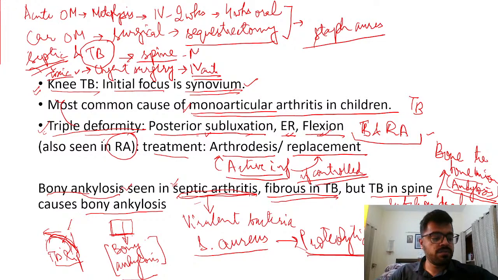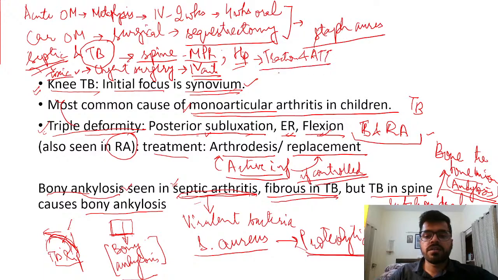We follow the middle path regime, and in hip joint we give traction and ATT, followed by debridement if stage 1 or 2, and replacement for stage 3 to 5.